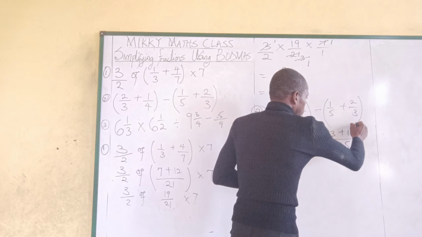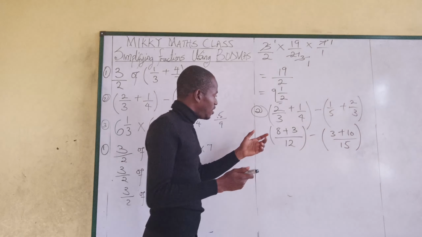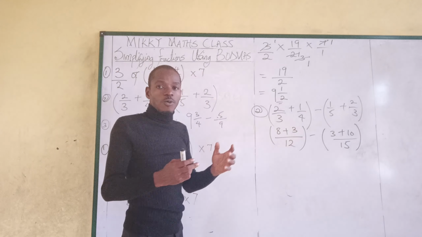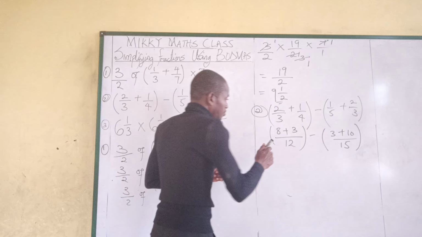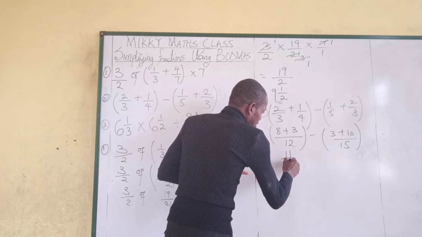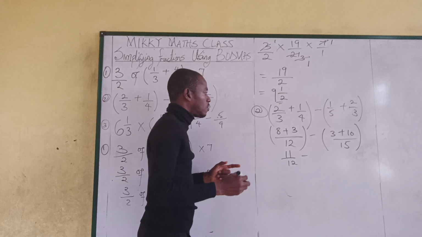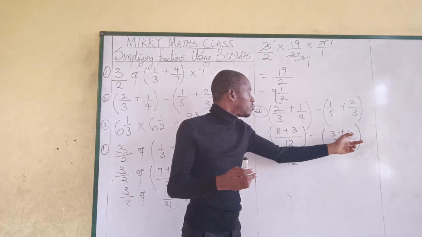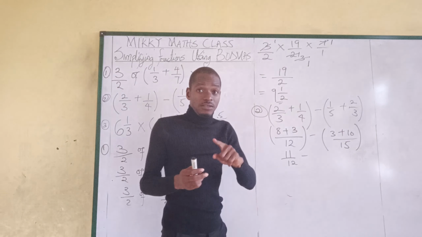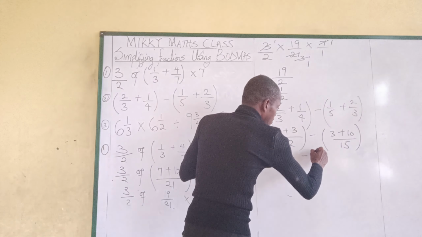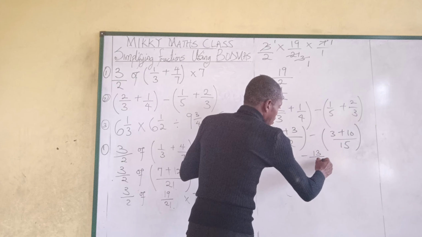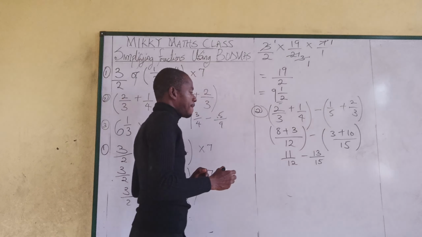So that's 3 plus 10. So let's finish it. 8 plus 3 is what? 11 over 12 minus 3 plus 10, that's 13, all over 15.